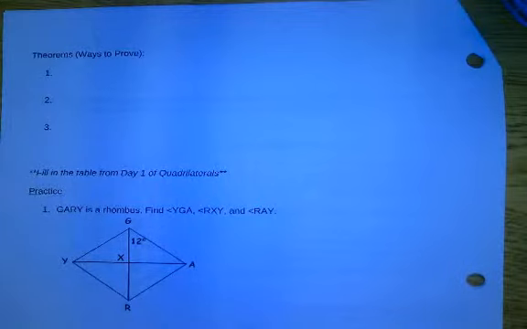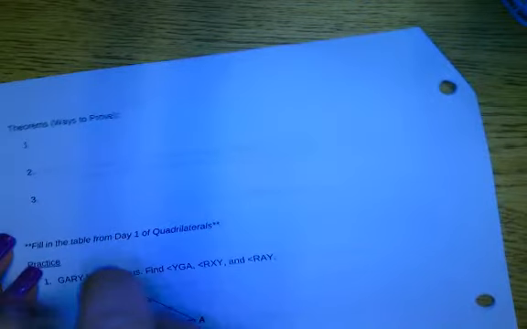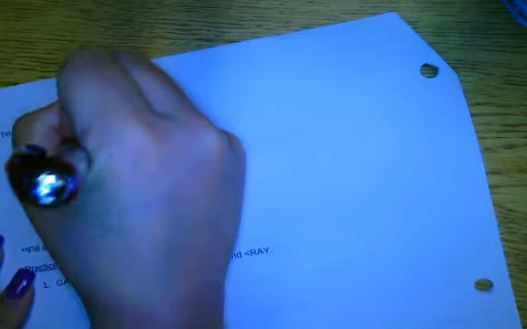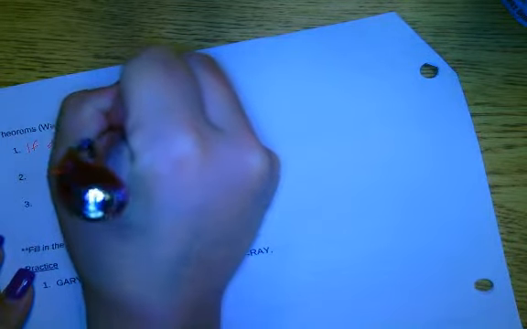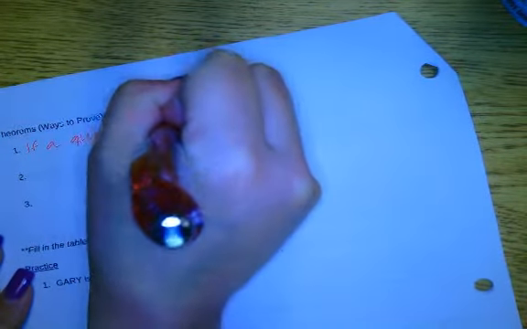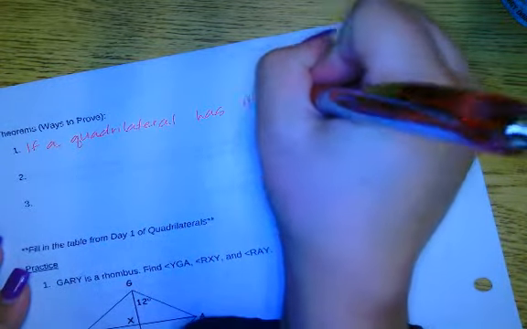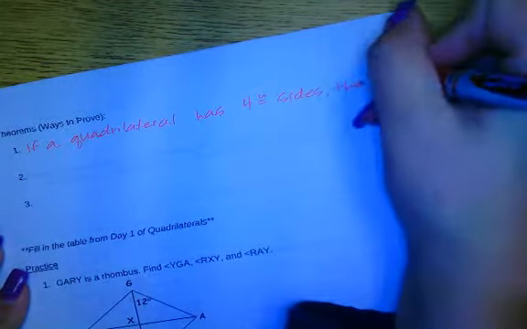For rhombi, we have 3 ways of proving a parallelogram is a rhombus. Number 1, if a quadrilateral has 4 congruent sides, then it is a rhombus.